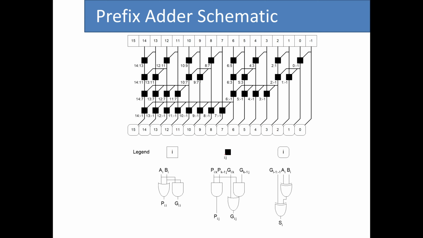Anywhere you see this black one, that is the equivalent circuit. And anywhere you see this rounded square, that is equivalent to this one. So as you can see, you start with smaller block sizes, and then you apply the same concept procedurally further and further until you get to larger block sizes.